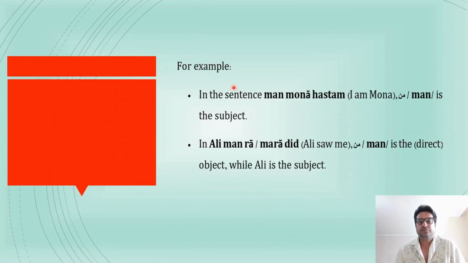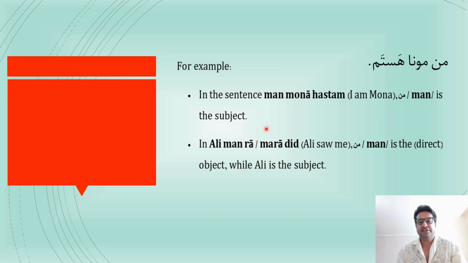Okay, here we have got the sentence Man Mona hastam. Okay, it means I am Mona. So here, man is the subject. So you are going to see the Persian form above the same sentence.